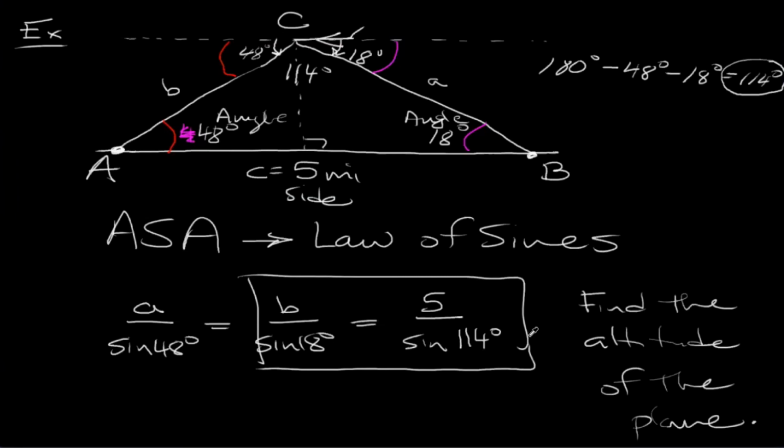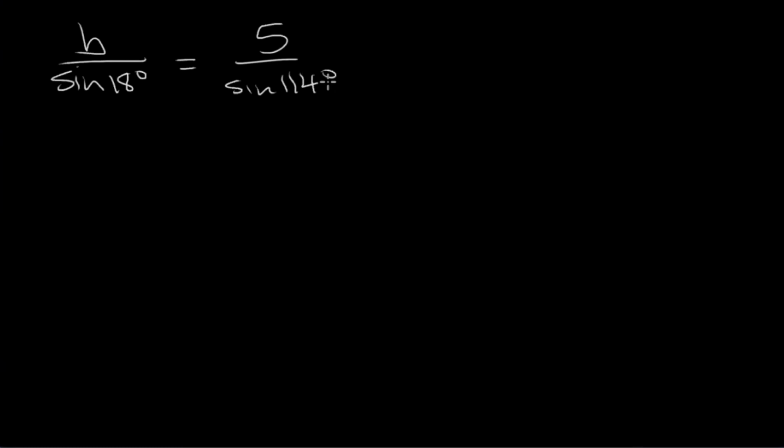So the equation is B over sine of 18 equals 5 over sine of 114. And then we're going to solve that equation. So 5 sine of 18 equals B sine of 114.